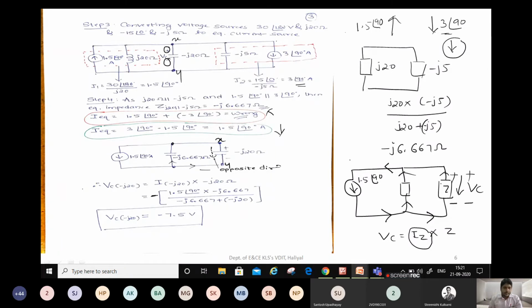So the main current will be this one, that is minus. Then this is again, if you consider the actual voltage value, so the voltage value will be multiplied by minus J20. If you do, you will get minus 7.5 volts. Okay, so this one you have to carry out in the calculator. So is that clear to everyone why we are taking minus sign here?